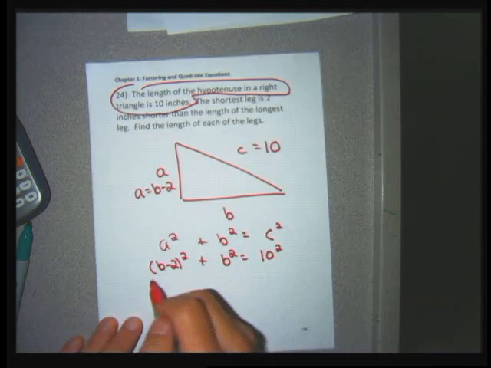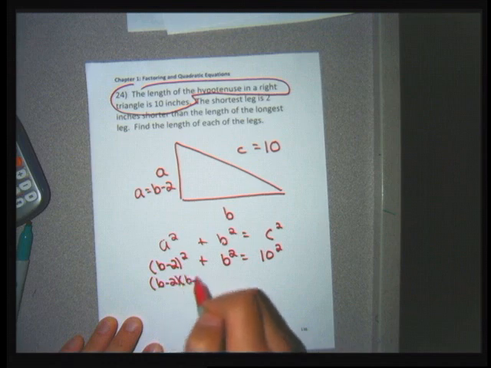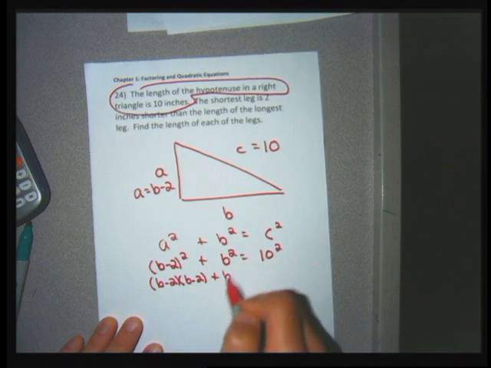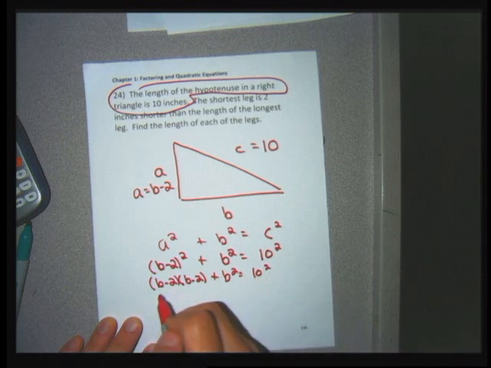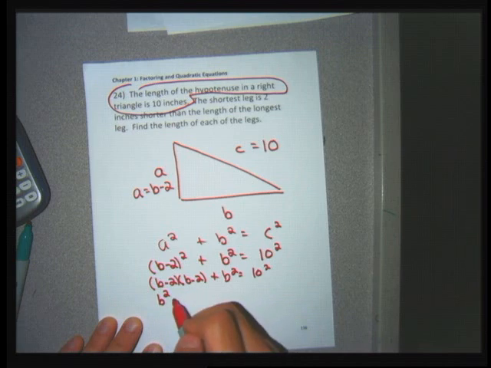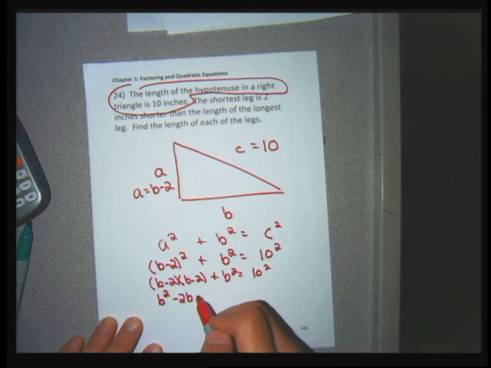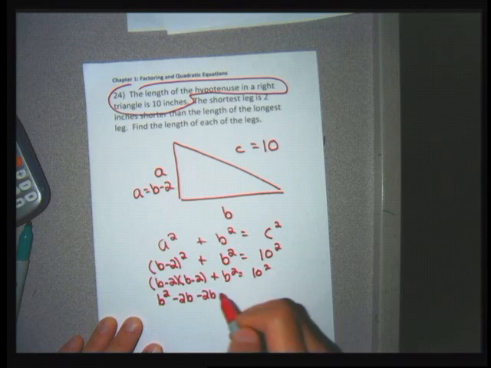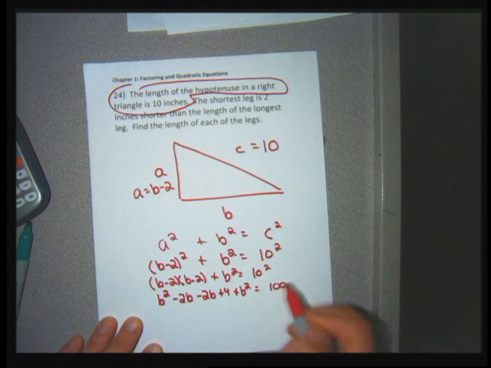So now I'm going to go B minus 2 times B minus 2 plus B squared equals 10 squared. FOIL this. Firsts are B times B, which is B squared. Outers are B times minus 2, which is minus 2B. Inners are minus 2 times B, which is minus 2B. Lasts are minus 2 times minus 2, which is plus 4. Then I have the B squared, and 10 squared is 100.